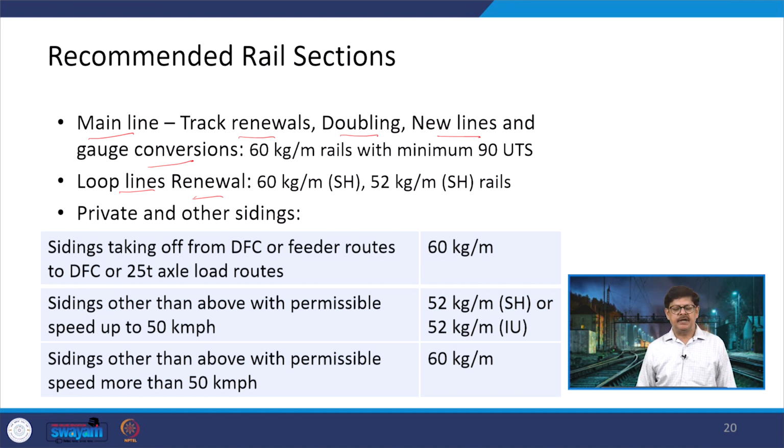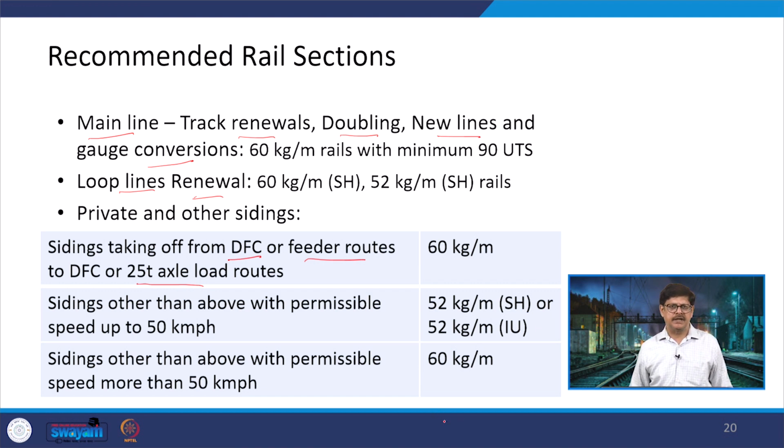If they are private and other sidings where certain conditions have been defined, say sidings taking off from DFC, that is the dedicated freight corridor. So, from a dedicated freight corridor, if some siding is going towards an industrial premises, or there are feeder routes to the DFC, or 25 ton axle load routes, in those cases 60 kg per meter is the rail section which should be used.